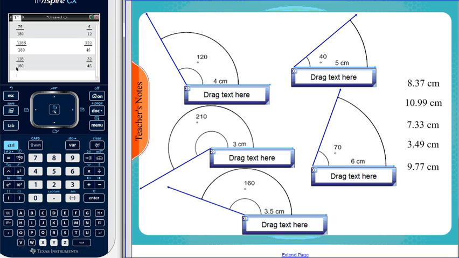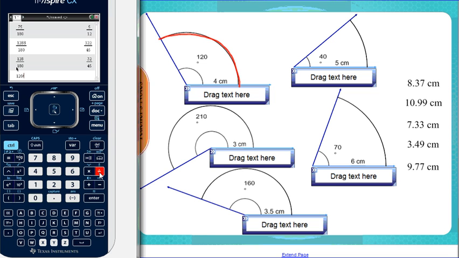So we're going to find this arc length here. The first thing that we're going to have to do is convert 120 degrees to radians. By the way, these will be calculator questions, so we can simply do 120 divided by 180, and if you hit enter, your calculator will simplify that for you. So 120 degrees is equal to 2 pi over 3 radians.